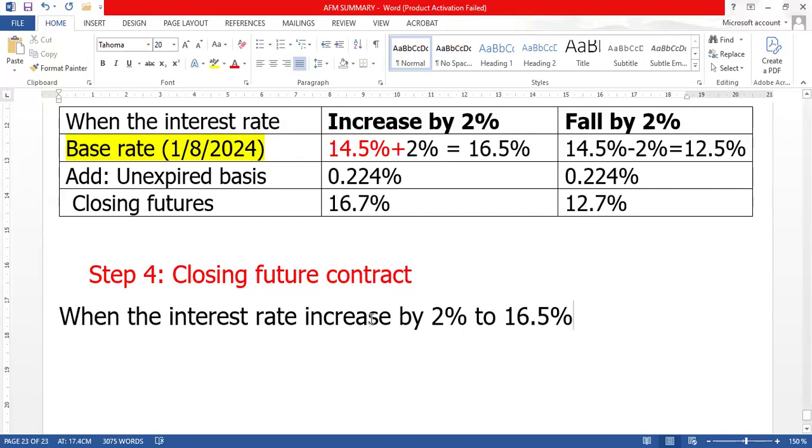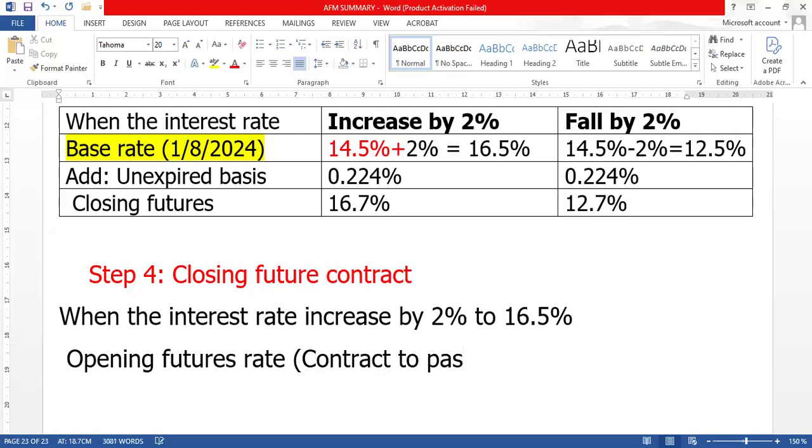When the interest rate increases by 2% to 16.5, what will happen is that you will have the opening futures rate. You opened with the contract to pay interest.